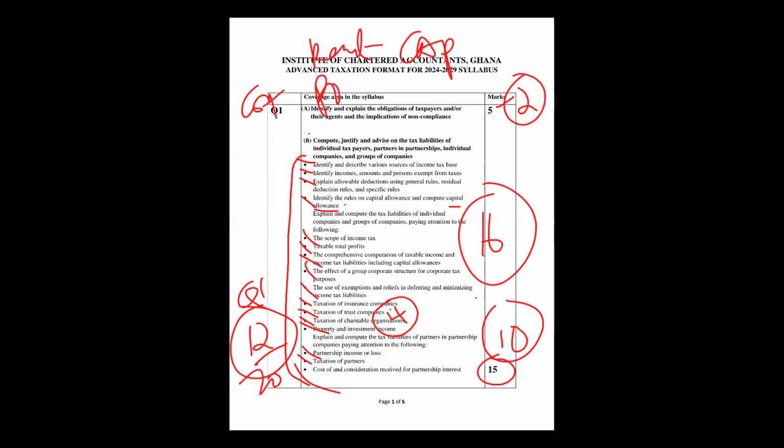I'm searching for the pools, all the pools: pool 4, pool 3, pool 2, pool 1. Those are my expectations. So before I even venture into the whole case study, having known that question 1B is going to request capital allowance, I'll write on them the rate of depreciation on them, whatever I have to write.